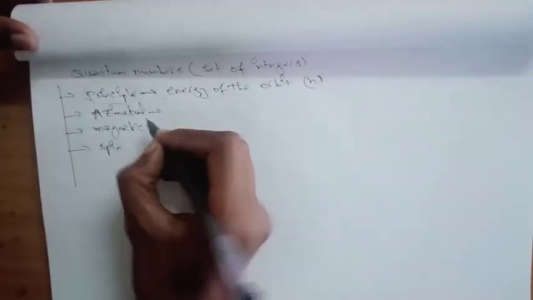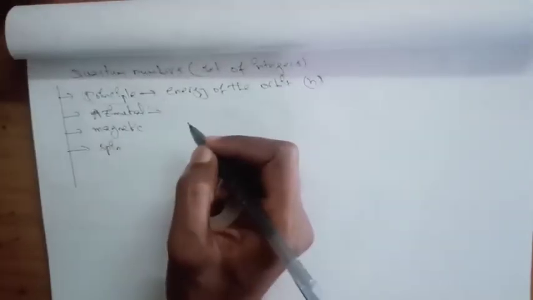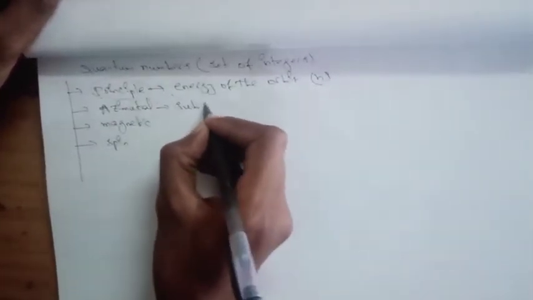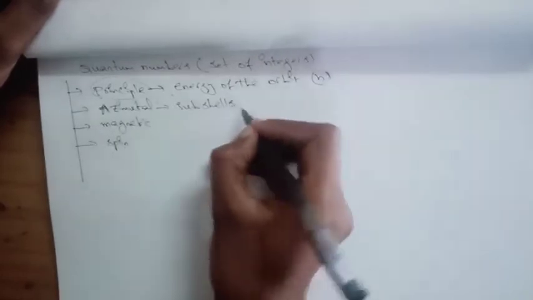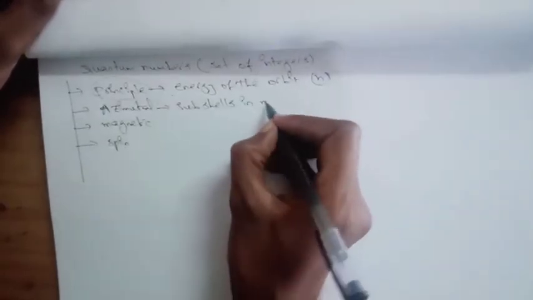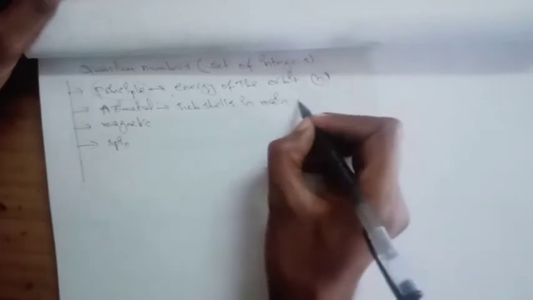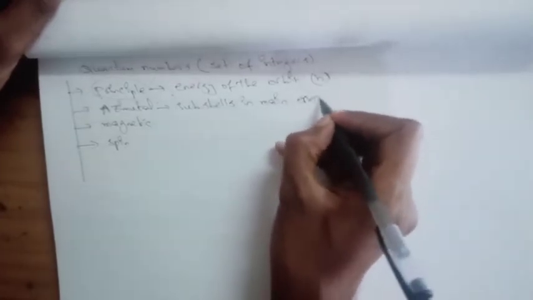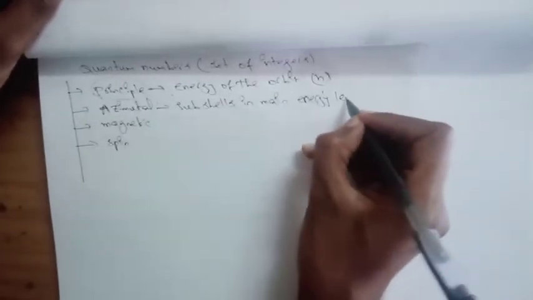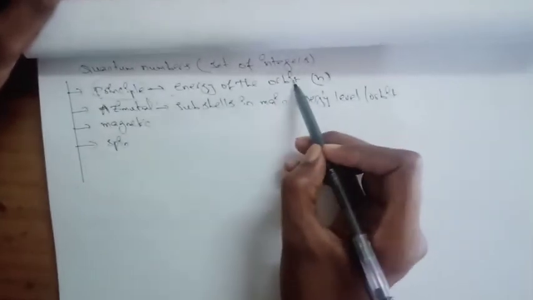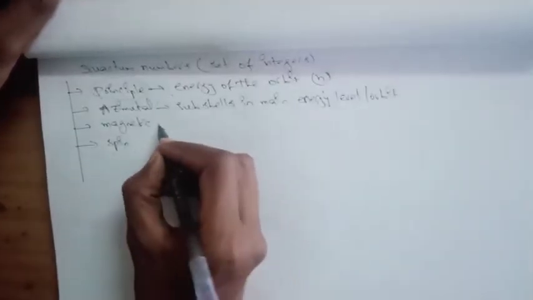Another one is the azimuthal quantum number. The azimuthal quantum number defines the subshells in the main energy level or orbit. So how many subshells are present in a main orbit is defined by the azimuthal quantum number.